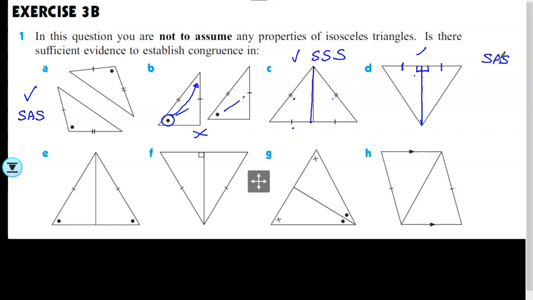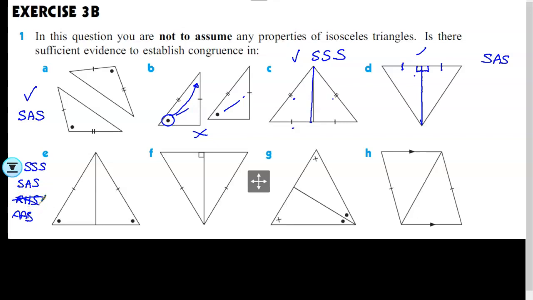What about E? What have we got? This is one of the ways that you could go. Yeah, good, Joe. It's not indicated, so you can't. If you're unsure, I write them down: SSS, SAS, RHS, and AAS. Now, there's no right angle, so that's out of the game.